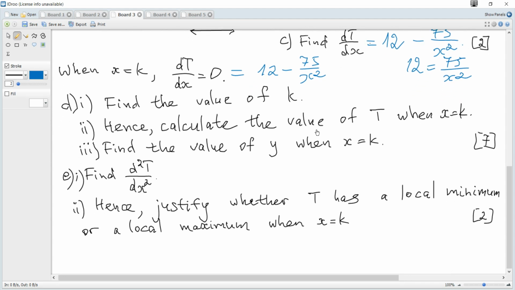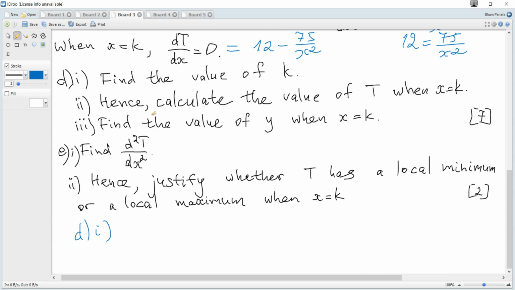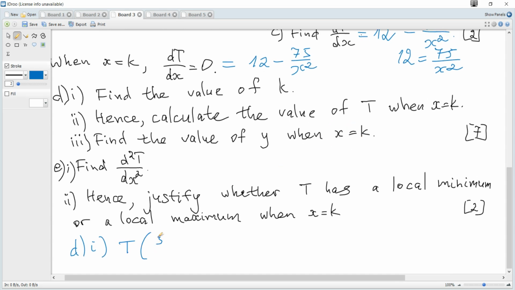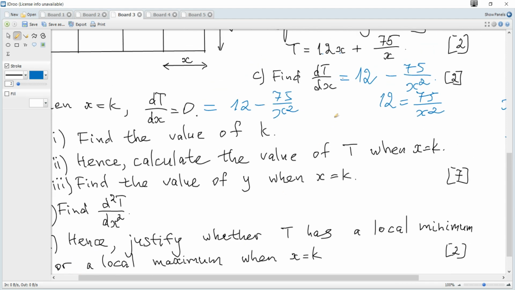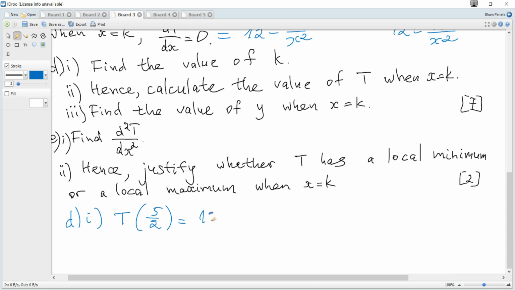Then calculate the value of t when x is k. So we need to find t of 5 over 2, substituting 5 over 2 for x into t. We get 12 times 5 over 2 plus 75 divided by 5 over 2.